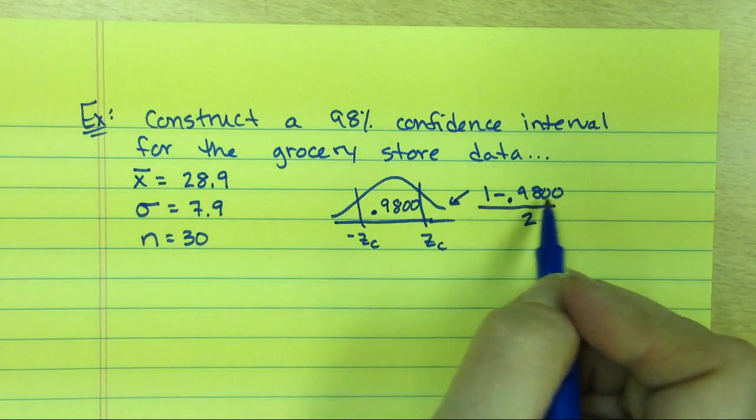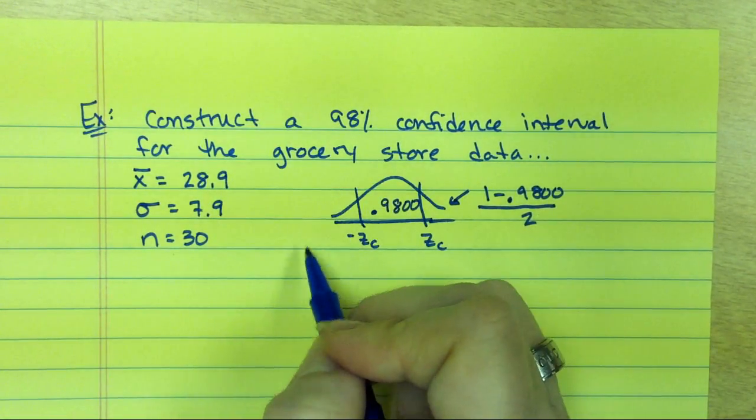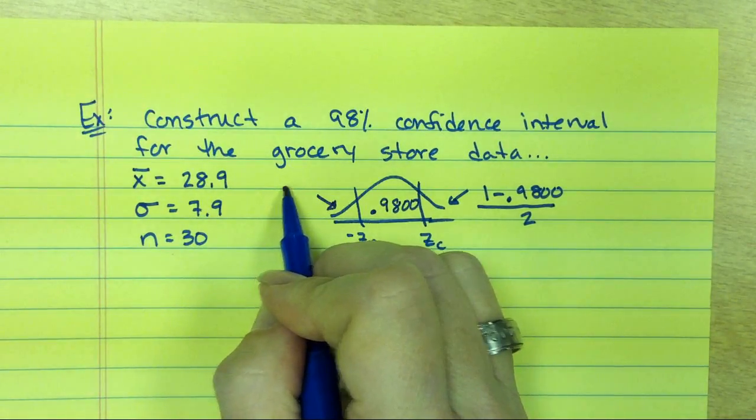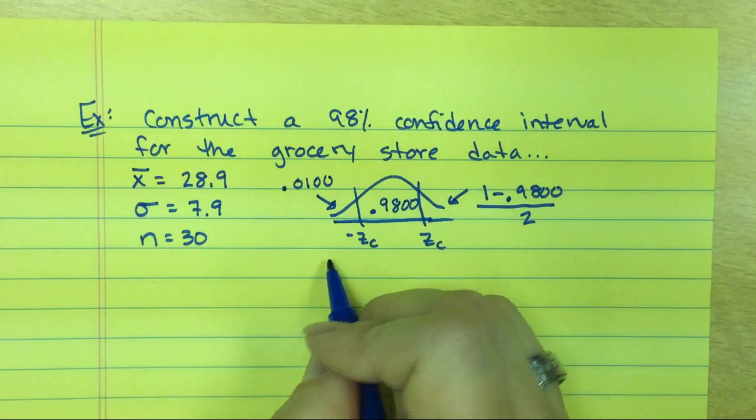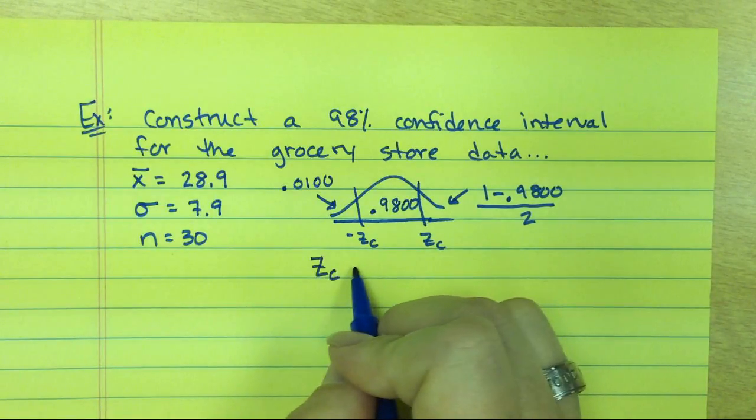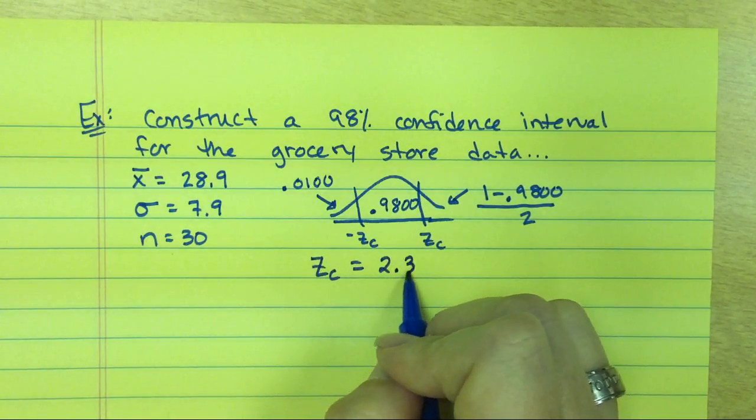If you do that subtraction and then divide, that actually comes out to be 0.0100. So you look up 0.0100 as the area on table 4, and that gives you a critical value of 2.33.